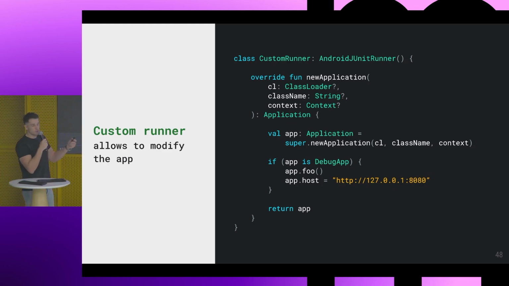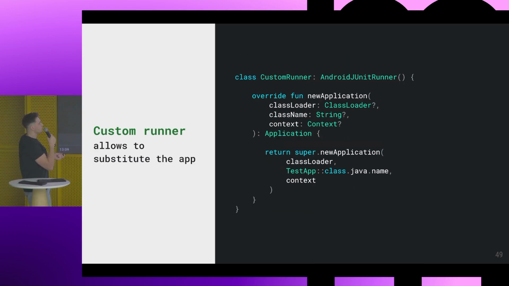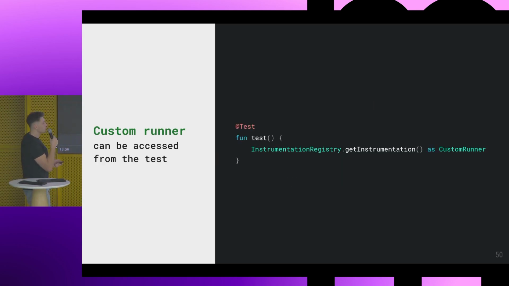So if you have DI here, maybe Dagger, you can change or even replace your root component, mock some dependencies for tests, and so on. Or you can even just use a dedicated application class for your tests. It might be helpful. And just a fun fact, you can access your runner from the test. It's that simple: you get the instrumentation cast to the runner.